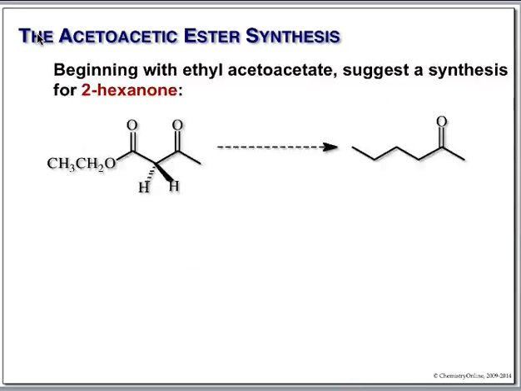In this synthesis, we're going to keep these 3 carbons, here, here, and here. We keep those. This guy is going to go with CO2. And we're going to put something on in its place.